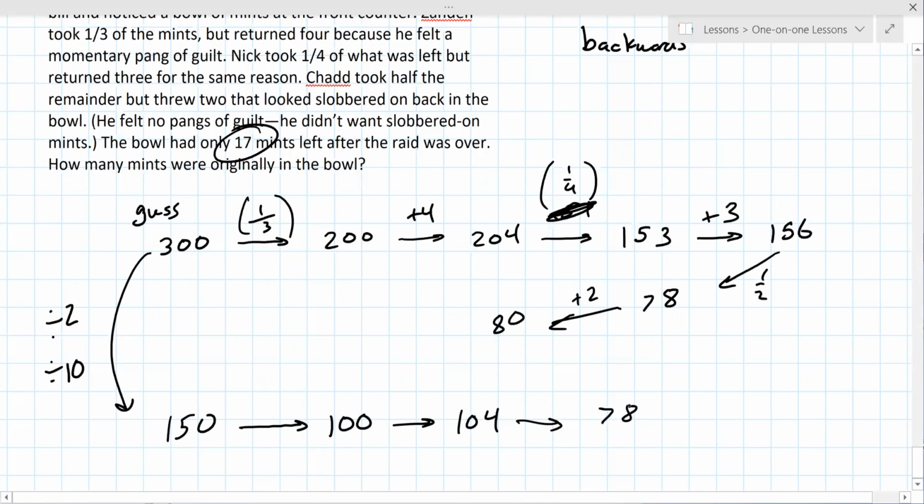Is that right? 1/4 of that's 26. Yeah, 78. And then add 3. So that's 81. See, I can't take a half of that. So that number's not right. Okay. So you can see how this is like a problem. Do you agree with that?